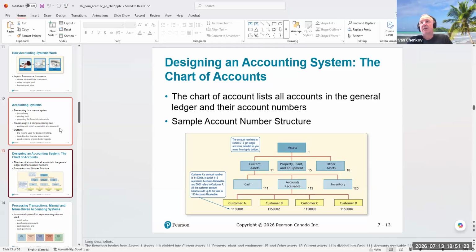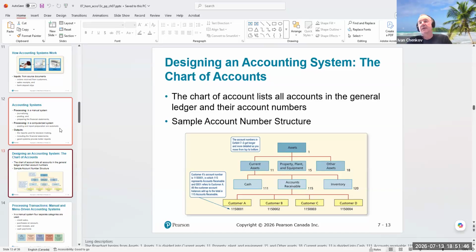And the first thing that I asked him is, can I see your chart of accounts?